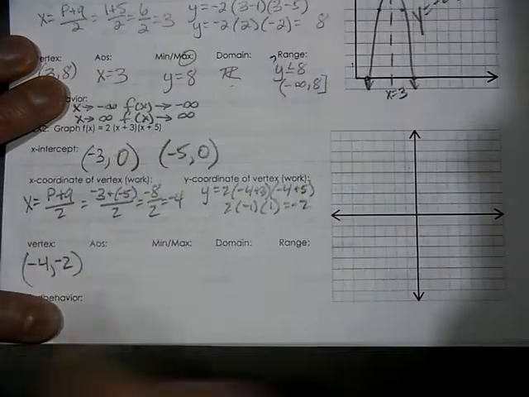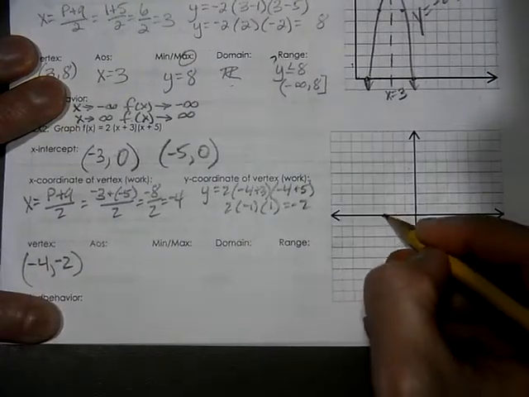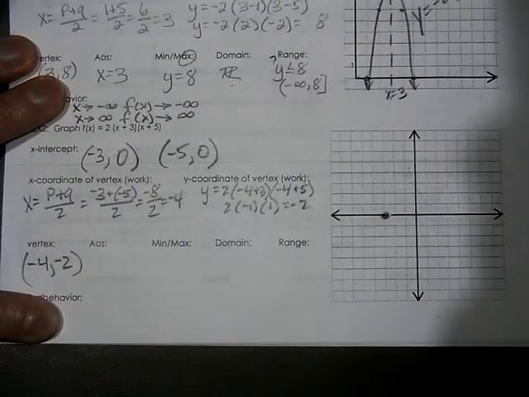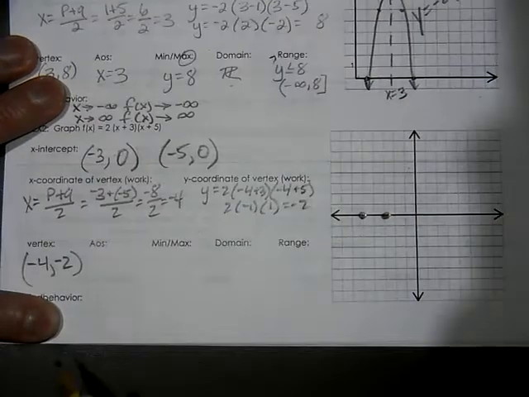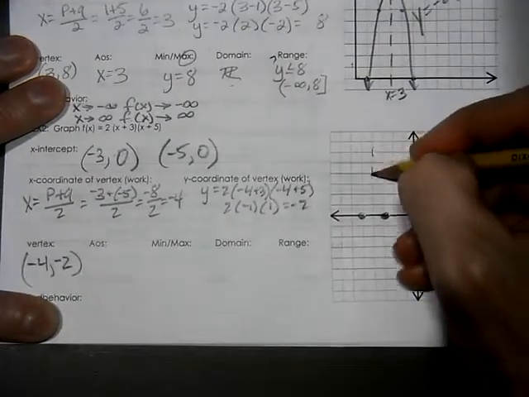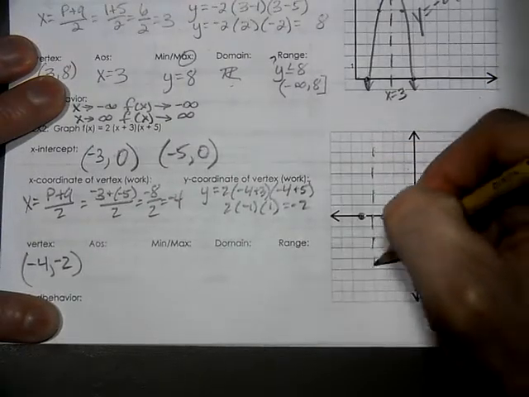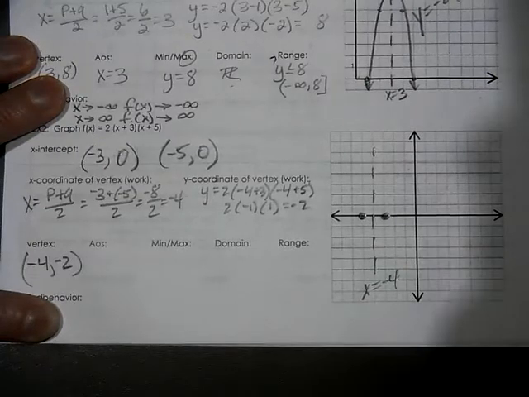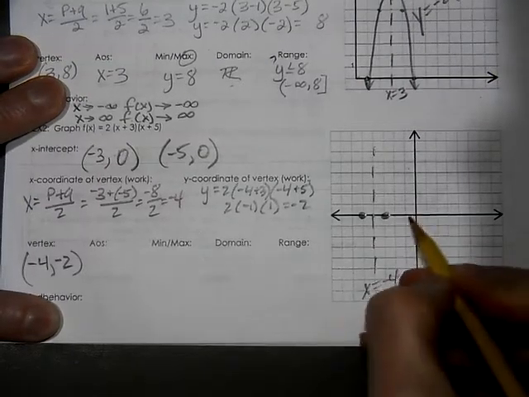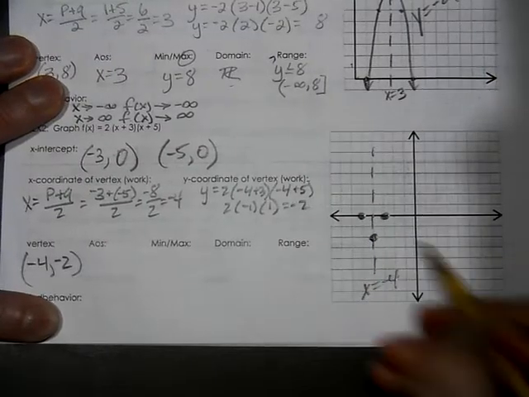They're two separate points. So at negative 3, 0, and negative 5, 0, we have an axis of symmetry at negative 4, which is halfway between it, and we label that. We calculated our vertex to be at negative 2.